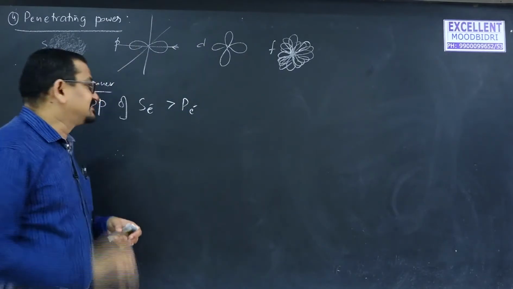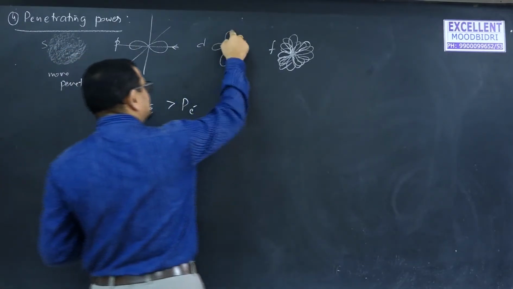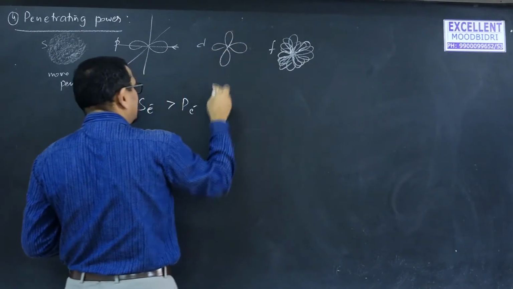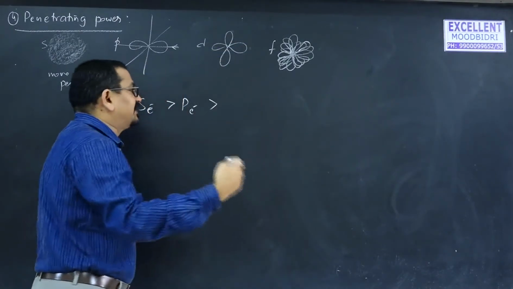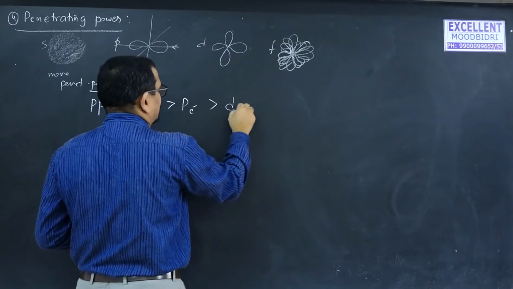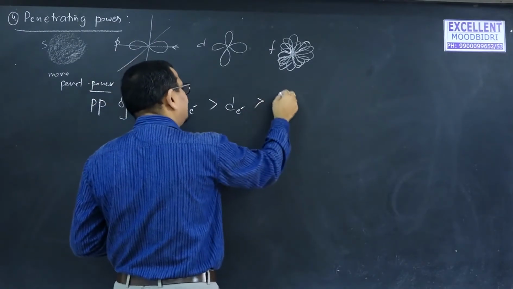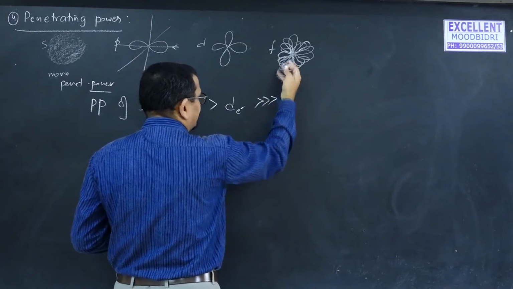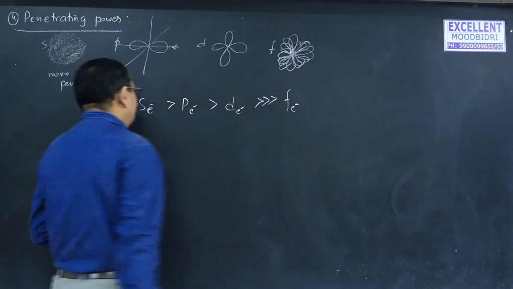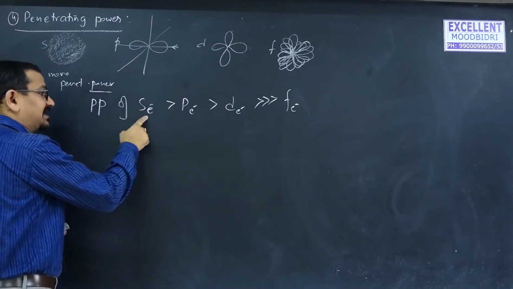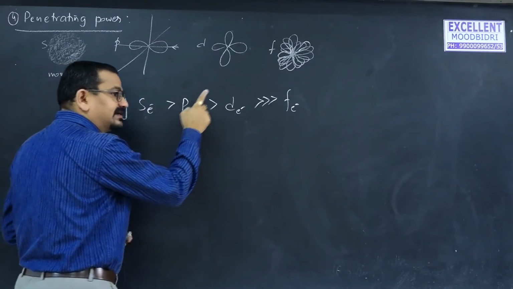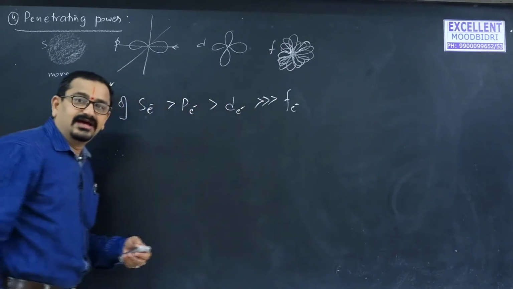Only three possibilities are there. Likewise, because of its dispersed shape, the d orbital has still less penetrating power. The f electron has poor penetrating power because of its complex shape. So the penetrating power of s is greater than p, greater than d, greater than f.